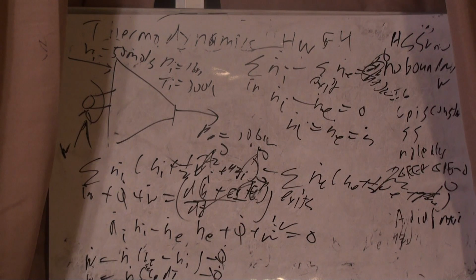Well, the minimum power that it uses is 0. If it's adiabatic, it has to be 0, because it doesn't matter what the exit pressure is. It's only a function of temperature in this case. So technically, the minimum power to do this is 0, because it's an ideal gas.